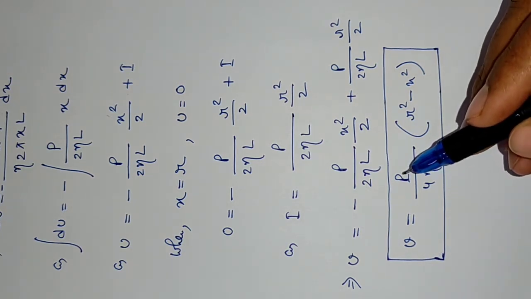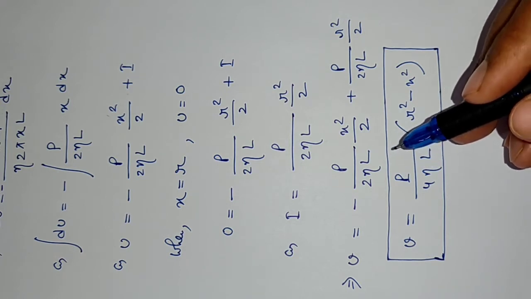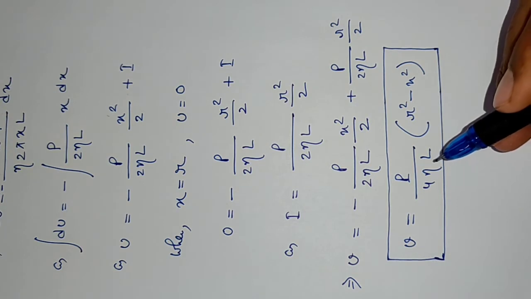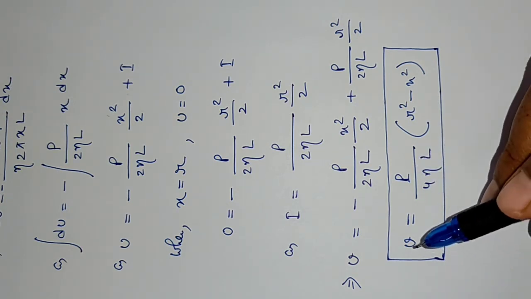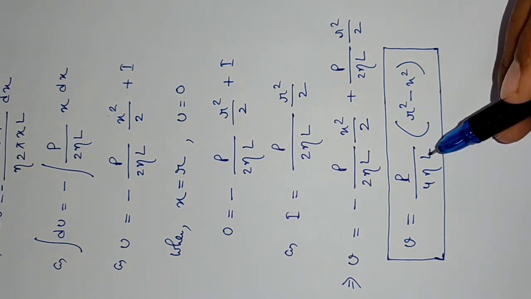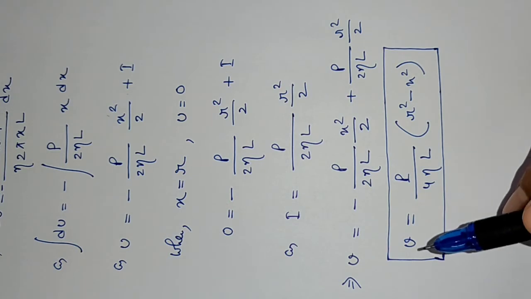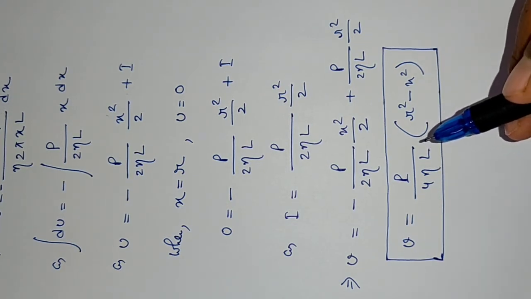More the pressure exerted, more will be the force that drives the liquid, so more will be the velocity, and more the viscosity, more will be the resistance to flow, so less will be the velocity. And more the length of the pipe, more will be the area of contact, and so less will be the velocity.